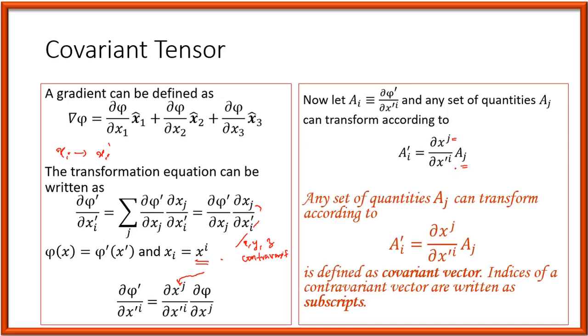So, any set of quantities aj, where j is in the subscript because it is a covariant vector, which can transform according to the equation ai dash is equal to dou xj into dou xi dash, aj is defined as a covariant vector, and these indices can be written in the vector form as subscript.